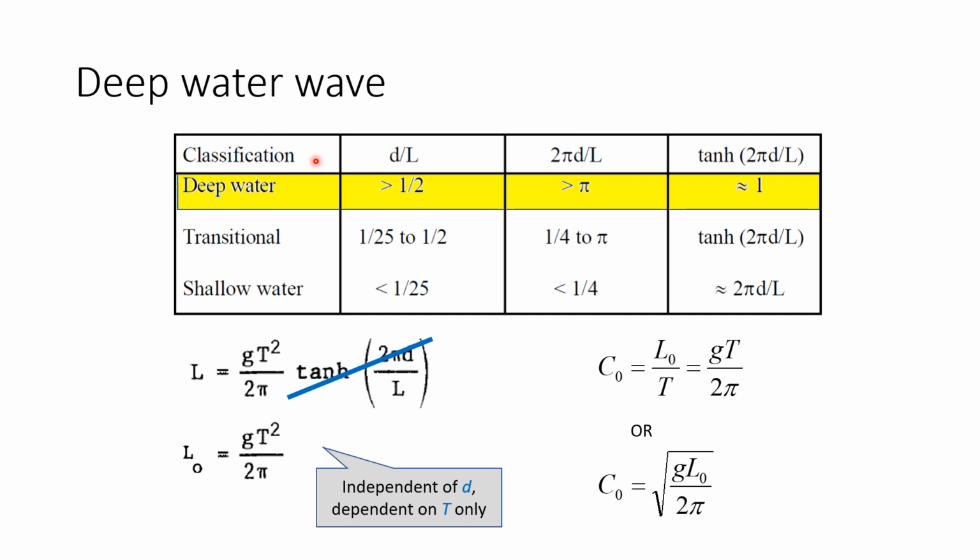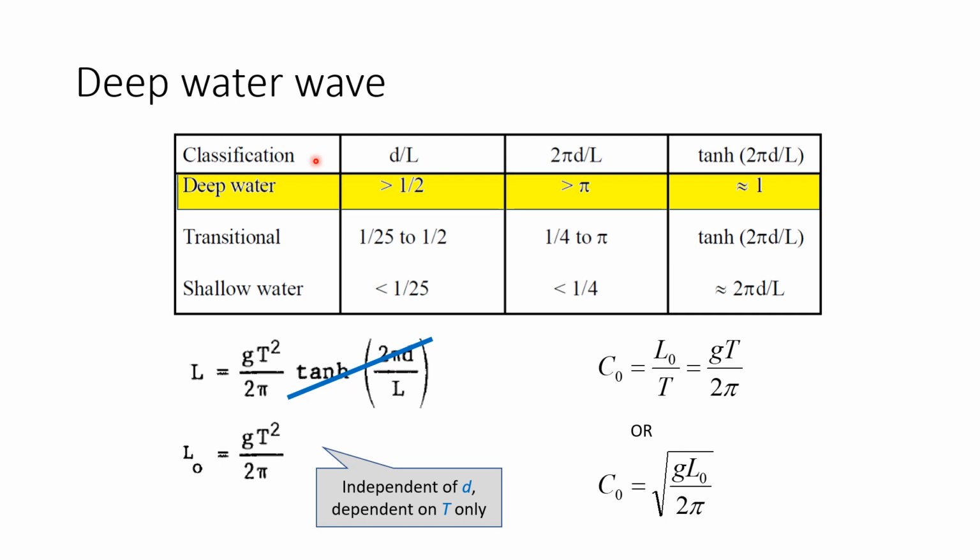Why is that so? Because if the water depth is large enough, then the wave orbital motion will not be able to reach the seabed. On the other hand, if the water depth is small compared to the wavelength, then the orbital motion will occur even at the seabed.